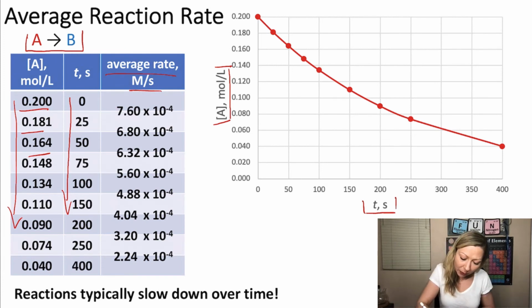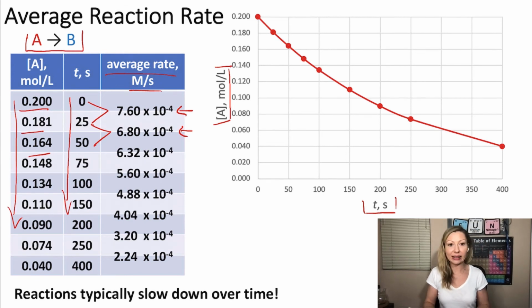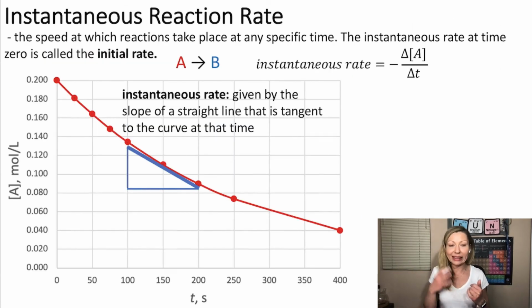So, for example, this first average rate right here is the rate as I go from 0 to 25 seconds on average. And then the second value here is the rate when I go from 25 to 50 seconds. All right. Now, chemists are not always interested in the average rate, but we are often interested in the so-called initial rate.